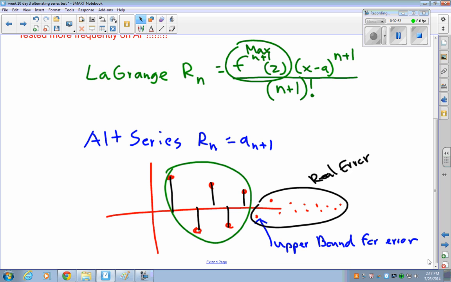So the green part that I circled would be your approximate sum. So that's your approximate sum. Everything else that I didn't grab is your real official error. You guys agree?